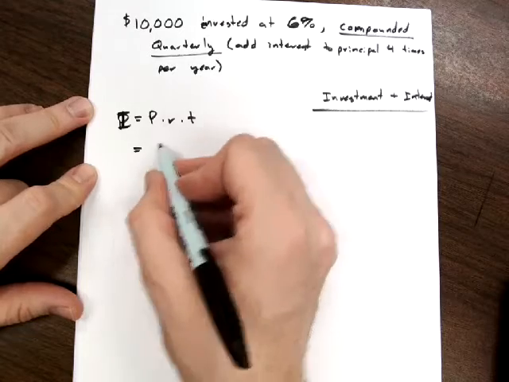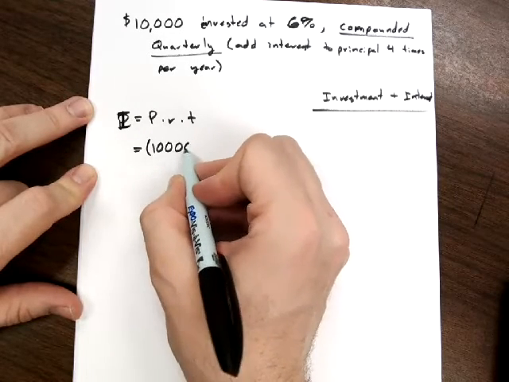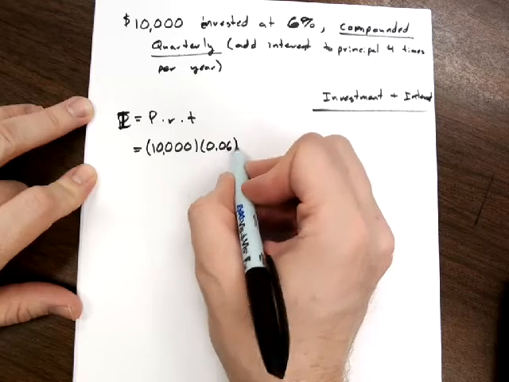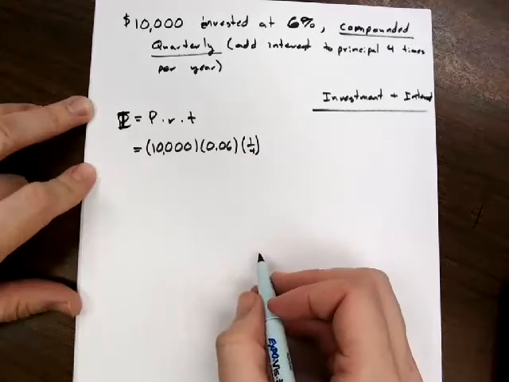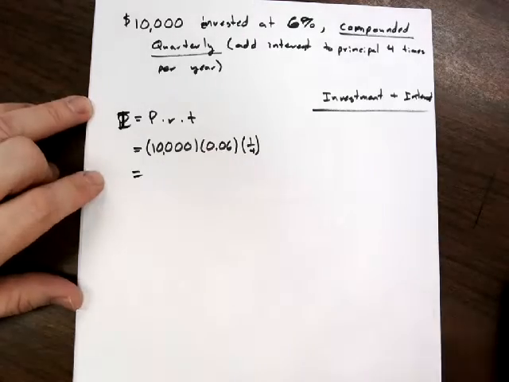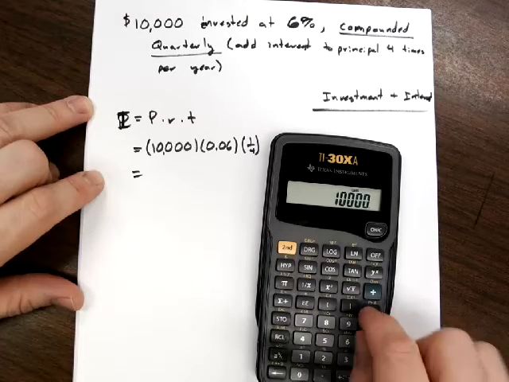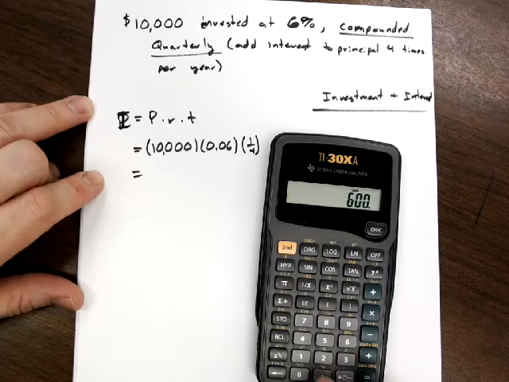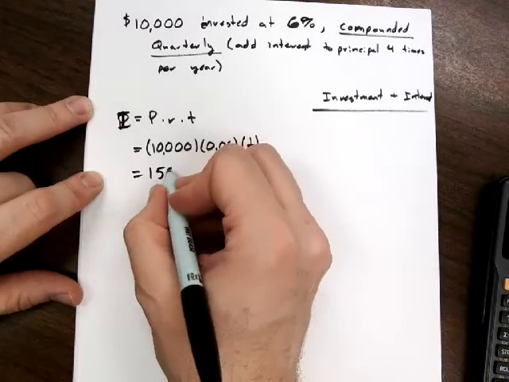So here, I'm going to take that $10,000, multiply that by my 6%, and then figure out my first quarter's interest. Okay, let's go ahead and do that. $10,000 times 0.06 times 1 quarter, which is 0.25. Oh, so it looks like I've got $150 interest.